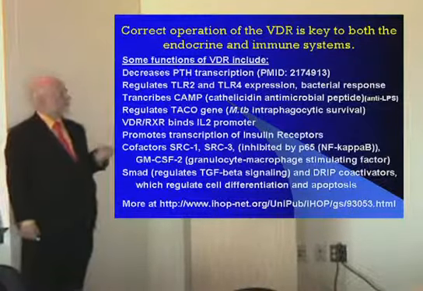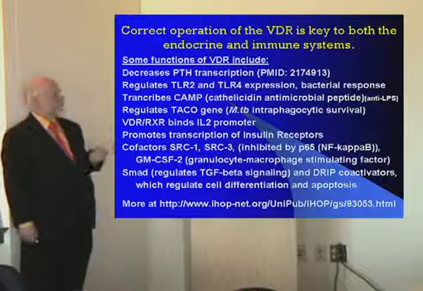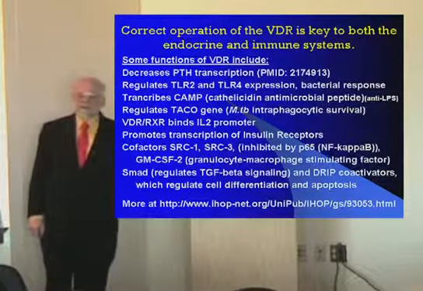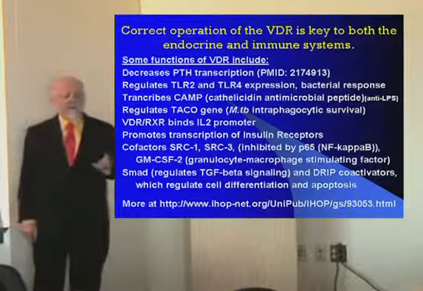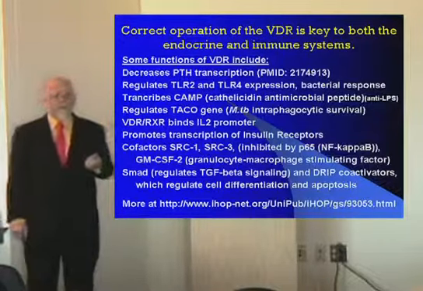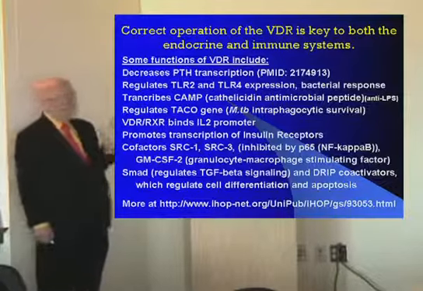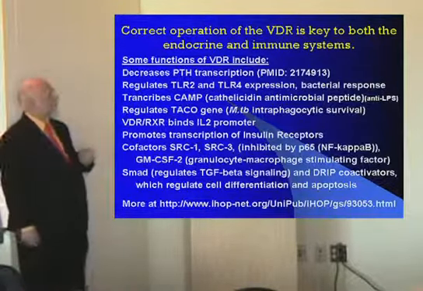It transcribes CAMP, cathelicidin antimicrobial peptide, and that is an endogenous antibiotic that the body makes which attacks a lipopolysaccharide on gram-negative bacteria. There are a number of endogenous antibiotics. That's one of them, and we know for certain that that is transcribed by the VDR.